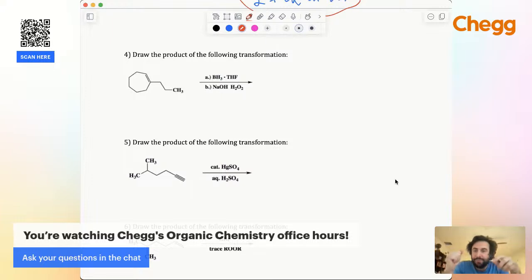So as I was saying, it's a large class of reactions, and we have to be able to look at a set of reaction conditions and know immediately what transformation they promote. And so there is some memorization there. So for example, here, we have to know that these reaction conditions denote hydroboration oxidation, which is syn anti-Markovnikov hydration.